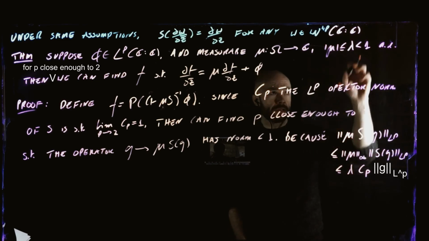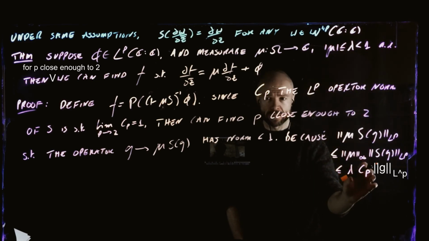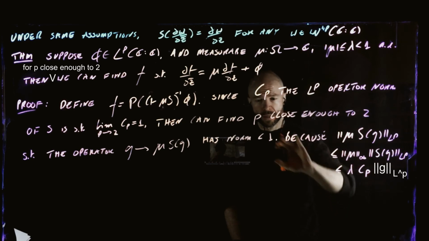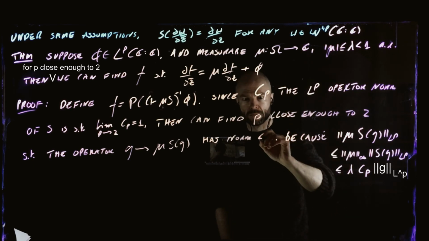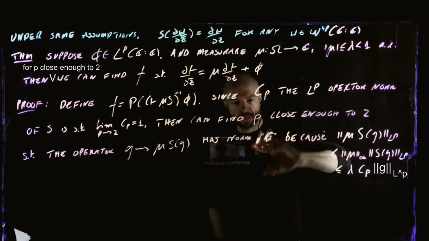And this guy, lambda, is strictly less than 1. So we can take some p such that this thing is strictly less than 1. Let's actually call it something: say it's less than this thing, which is less than 1.